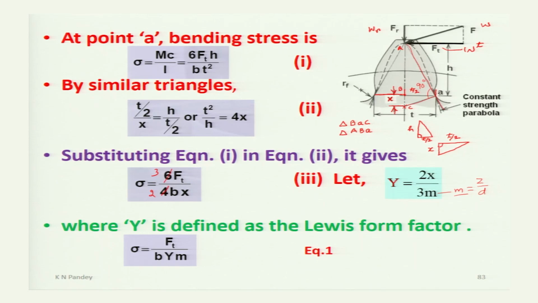So, let capital Y be 2x divided by 3m, where m is the module given by d divided by z, where z is the number of teeth in the gear and d is the pitch circle diameter. So, with this, the equation for bending stress becomes Ft divided by b, m and Y.